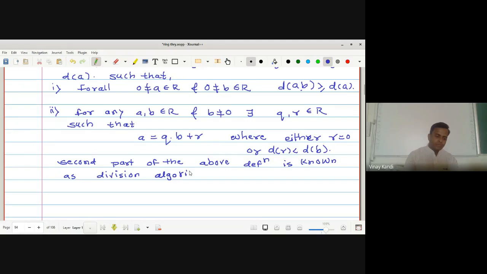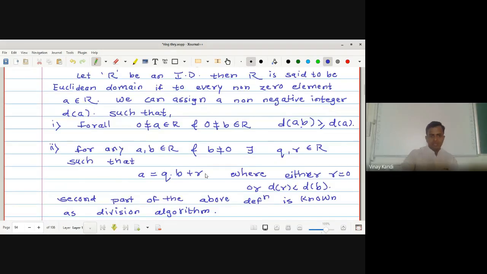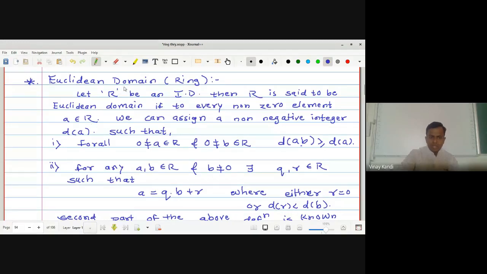Now look at the definition. What is a Euclidean domain? Let R be an integral domain. R is your integral domain. What is an integral domain? A commutative ring with unity without zero divisors.